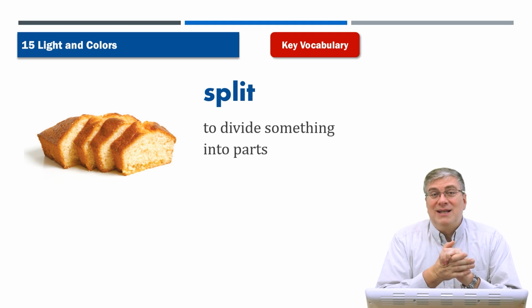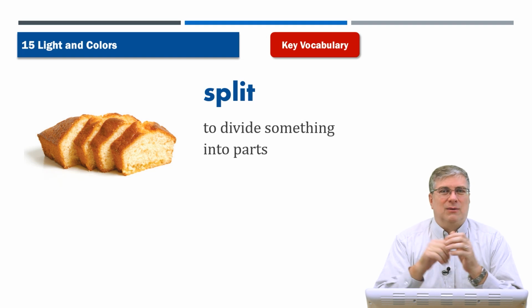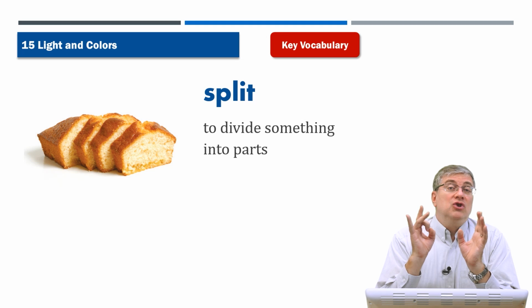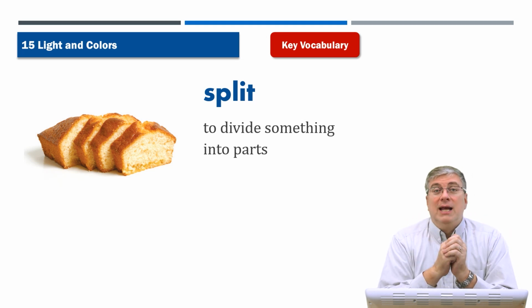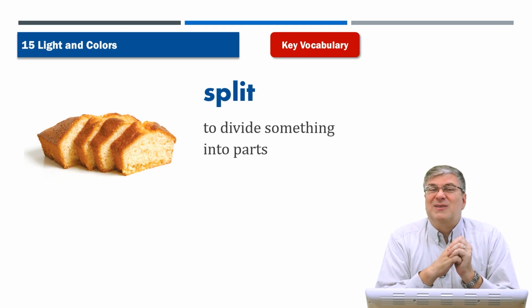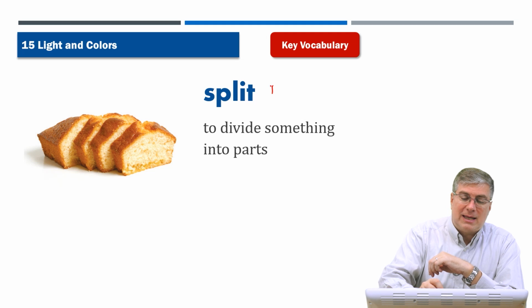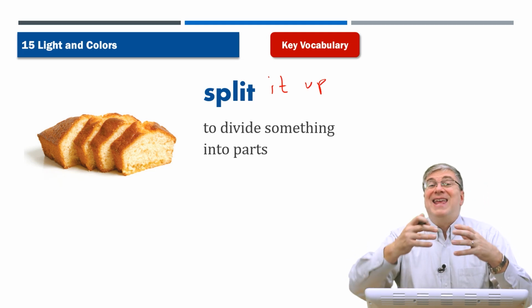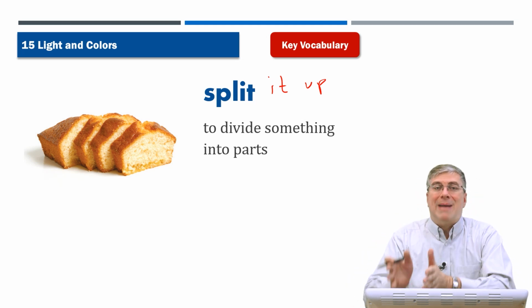Usually when you split something, if something splits, it's maybe by accident, right? Something breaks and it splits into two pieces. But you can also say, if you have a pizza or a loaf of bread, let's split it up. And usually that means let's split it up equally so that each person gets the same amount.